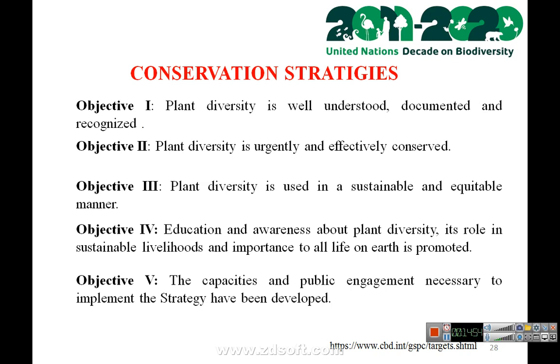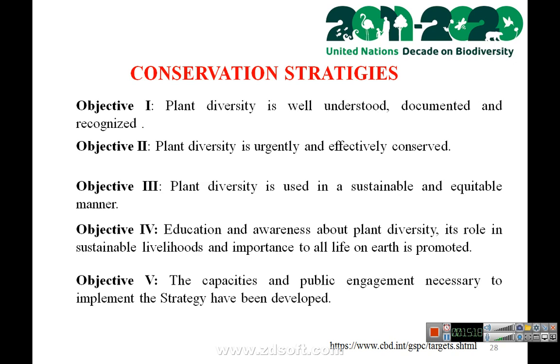How can we avoid or shun these damages to the environment? So the first objective is that plant diversity is well understood, documented and recognized. So we have to understand which plants are going to survive there and which are indigenous. So we document, understand and recognize them.